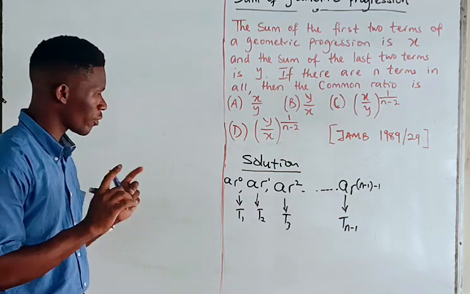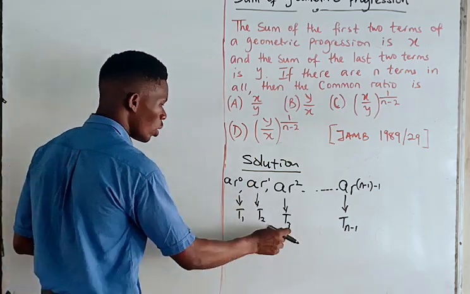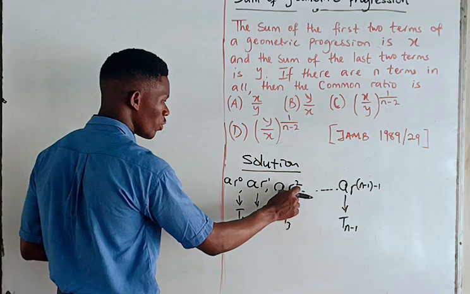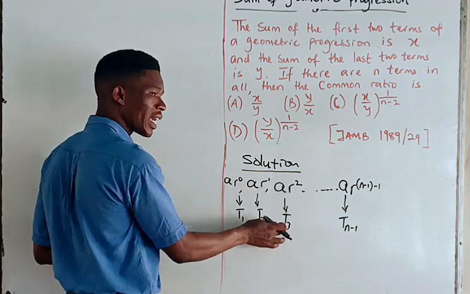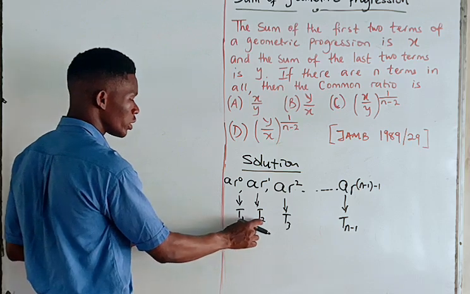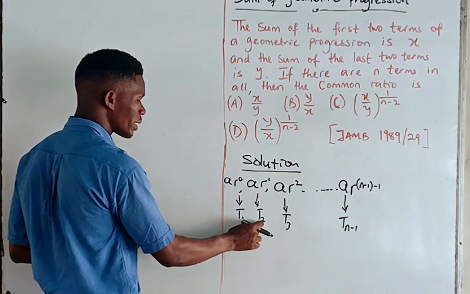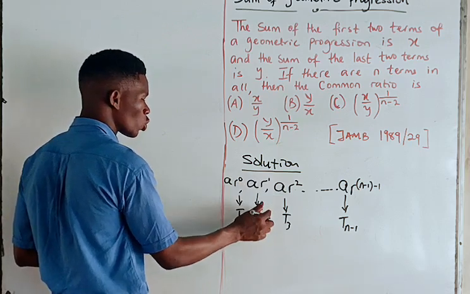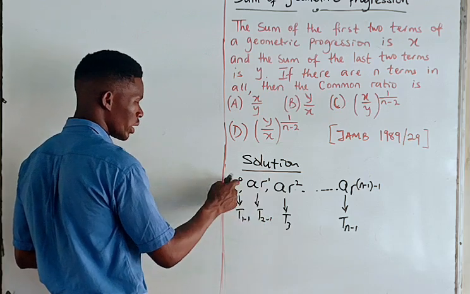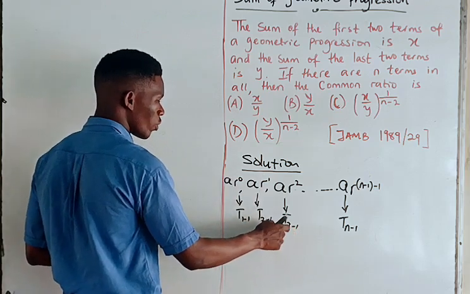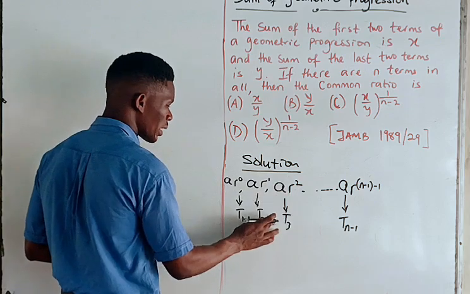I've explained before that to get the power of R, we subtract 1 from the term number. So for the second term, we subtract 1 from 2 and get 1; here we subtract 1 from 1 to get 0; here we subtract 1 from 3 to get 2, right? So that is the pattern.